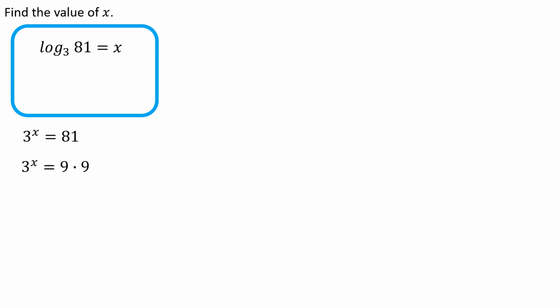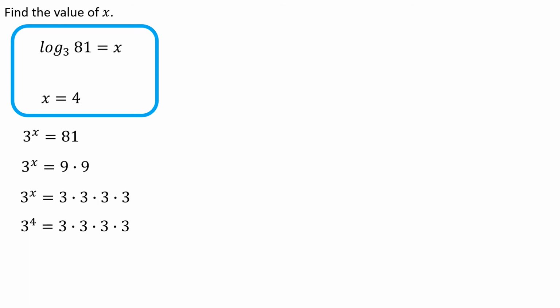I wanted a base 3 though. Oh, each 9 can be written as 3 times 3, right? 81 was 9 times 9, but 9 is 3 times 3. So it looks like I've got 4 of those 3's. So 3 to the 4th power makes 81. So x is 4.